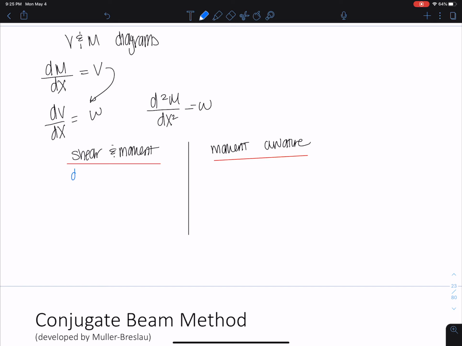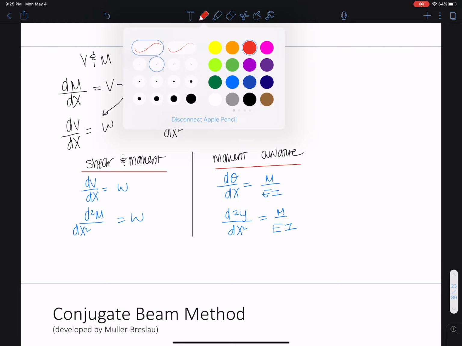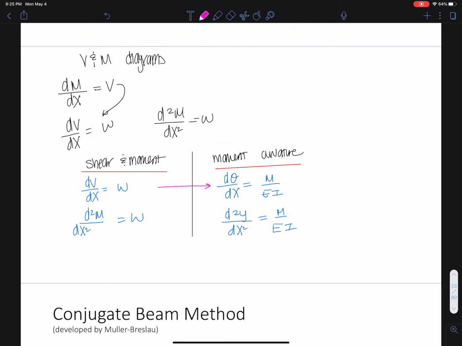So I'm going to say that we know dV/dx is the load, and we know that d squared M over dx squared is equal to the load. And we know here that d theta over dx is equal to M over EI. This is moment curvature. And we know that d squared y, or delta, over dx squared is equal to the moment curvature, M over EI. And now you should start to see the similarity between these two items, okay?